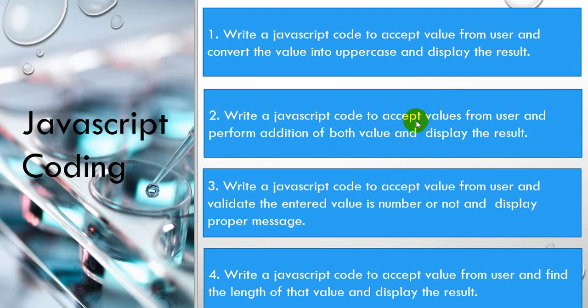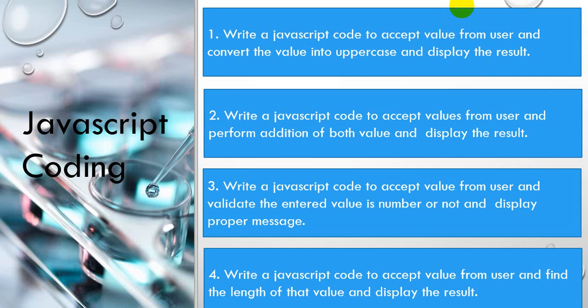Again, we can perform multiplication of two numbers, subtraction of two numbers, or division of two numbers. The question will be the same; only you have to change the arithmetic operation. In some questions you have to perform addition, in some multiplication, division or subtraction. So you may be asked any type of question, but the logic and criteria are the same. You require two variables for accepting values and one variable for displaying the result.